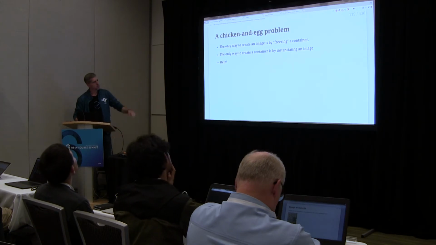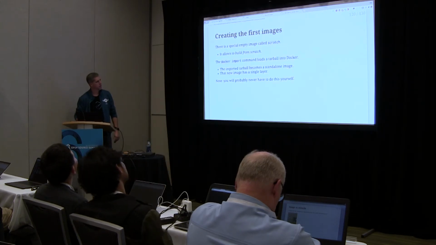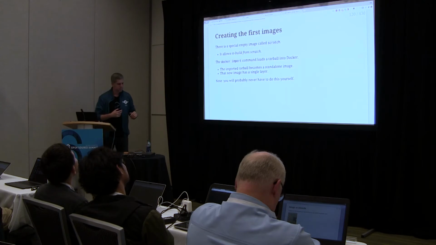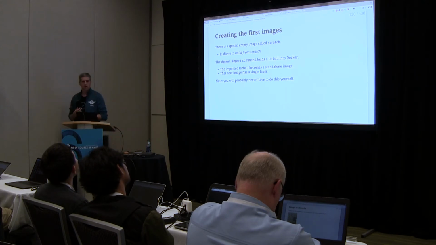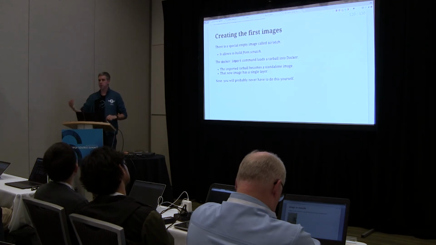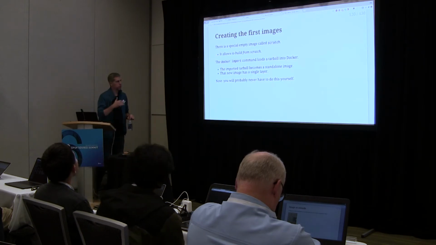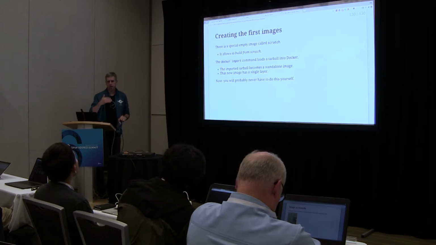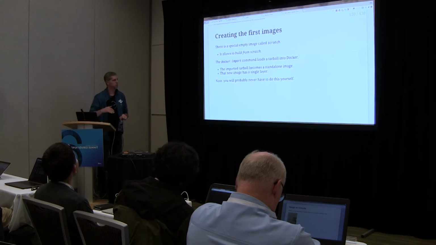So right, effectively, every container has to start somewhere, and so there's a special empty image called scratch, and that's one way to start a container with absolutely nothing in it. We can write a Dockerfile that says FROM scratch and then just start building up content from the ground up.